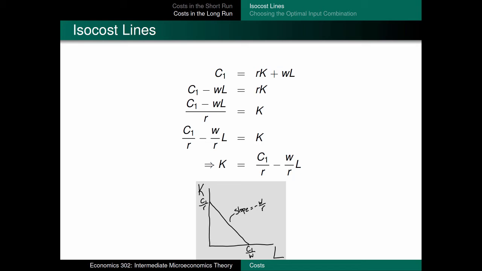K equals C1 over R minus W over R times L.